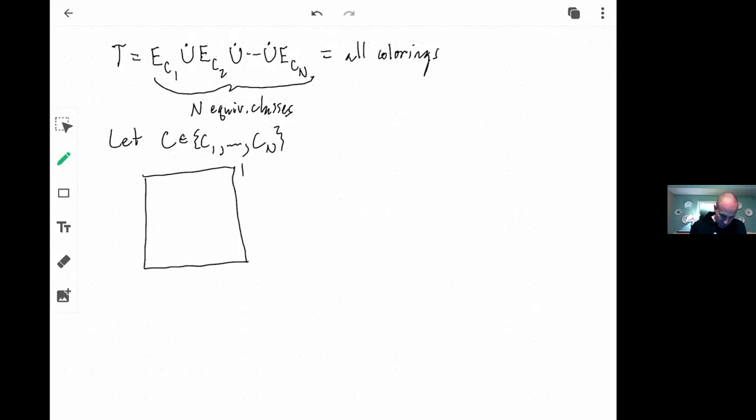So this is the equivalence class of C. And here's C itself. And maybe C prime is somewhere in here. So here's this coloring C prime. I want to label the number of things that happen to fix this.